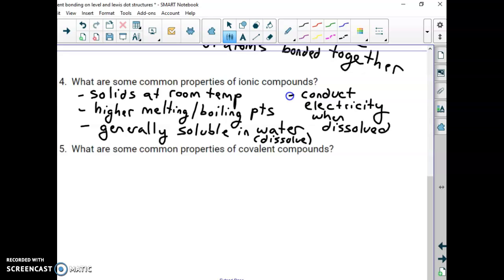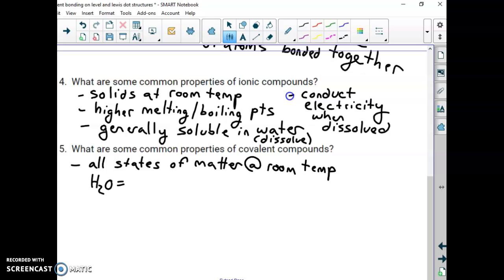All right, so let's finish this up. What's nice about our covalent compounds is they're, for the most part, not exactly the opposite, but they are definitely different than the ionic compounds. You can get all different states of matter at room temperature. So quick example of this, think about water. At room temperature it is a liquid.